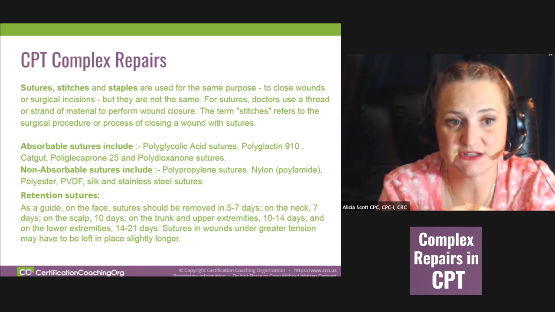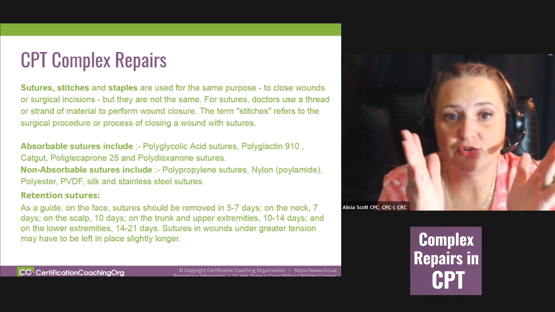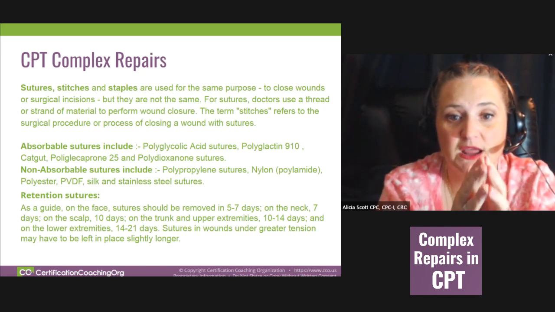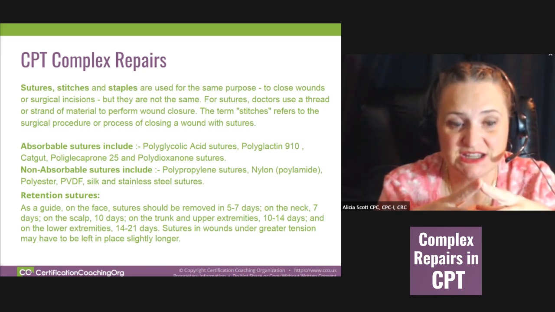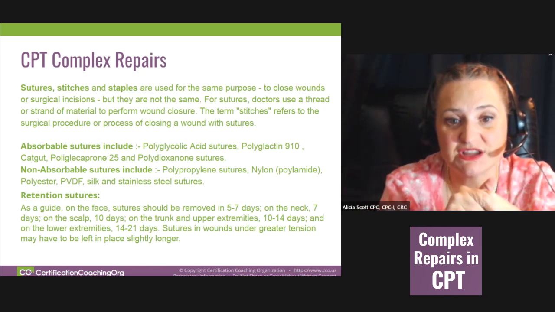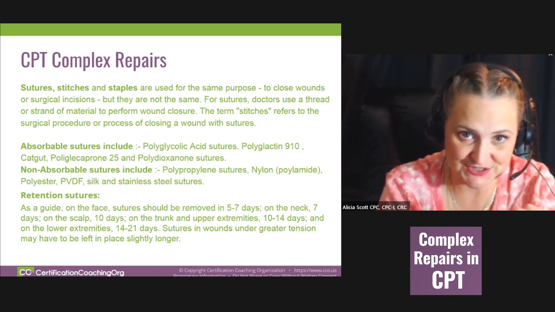But sutures, stitches, and staples are not the same thing. They're actually different. Sutures, we'll talk about them. They are what you're using to close the wound, all right? But stitches is actually what's done for surgical procedures for closing the wound with sutures.